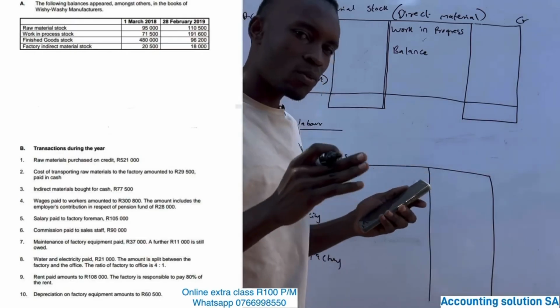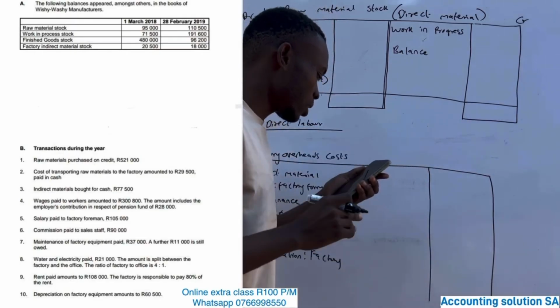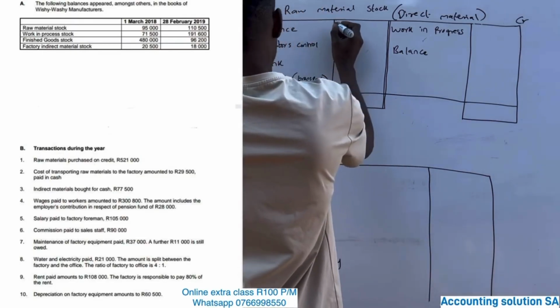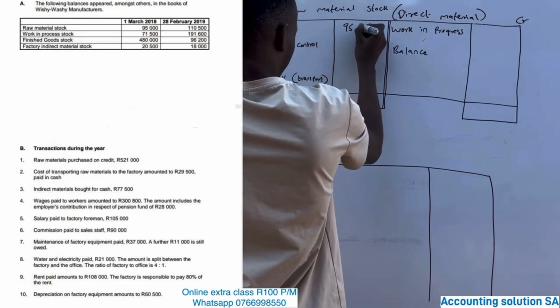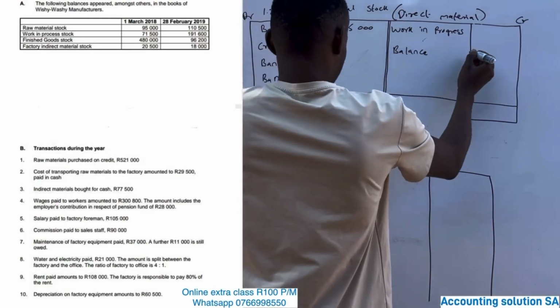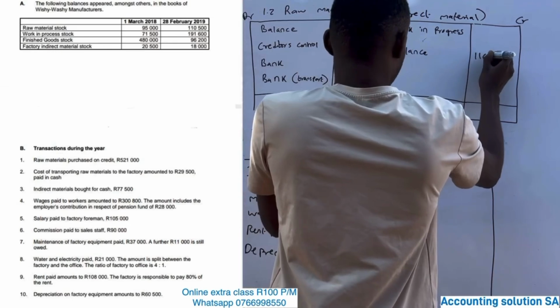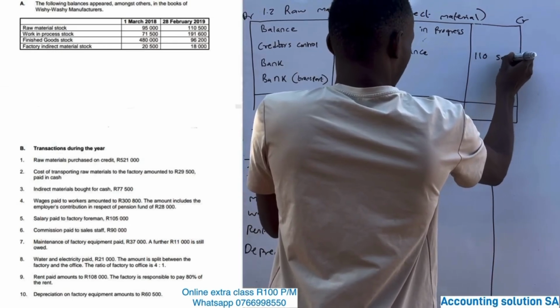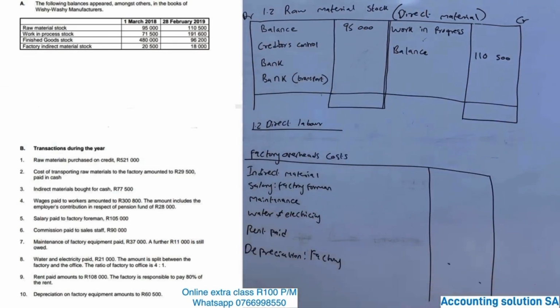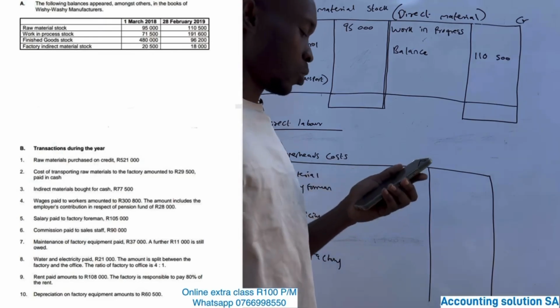Okay, now let's start with the opening and closing, because they are given. Opening is 95,000 and closing is 110,500. Okay, now let's proceed. The other balances are for other accounts.